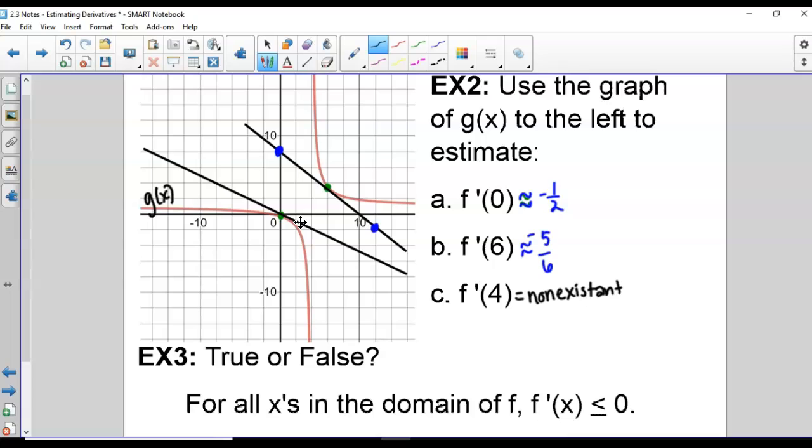So let's ignore that point, because it would give us some trouble because it just doesn't exist. So at every other point on this graph, we want to know whether the derivative is going to be less than or equal to 0. Basically means the derivative will be negative. So is that true or false?